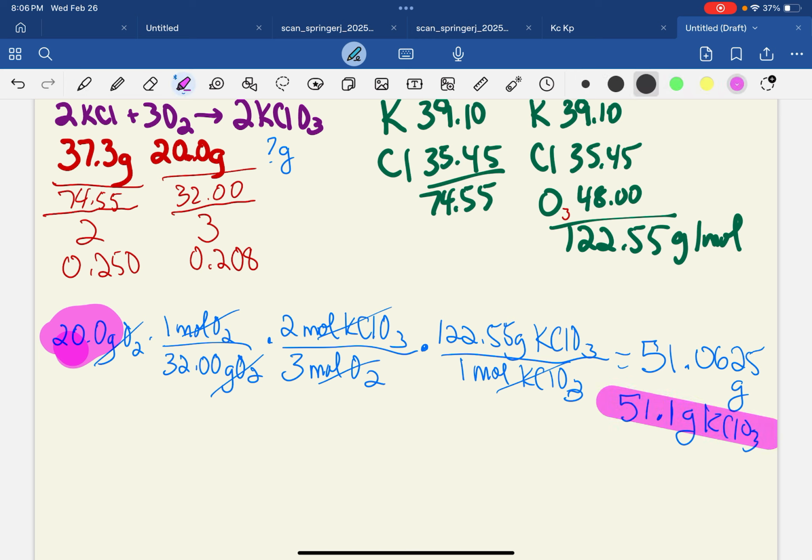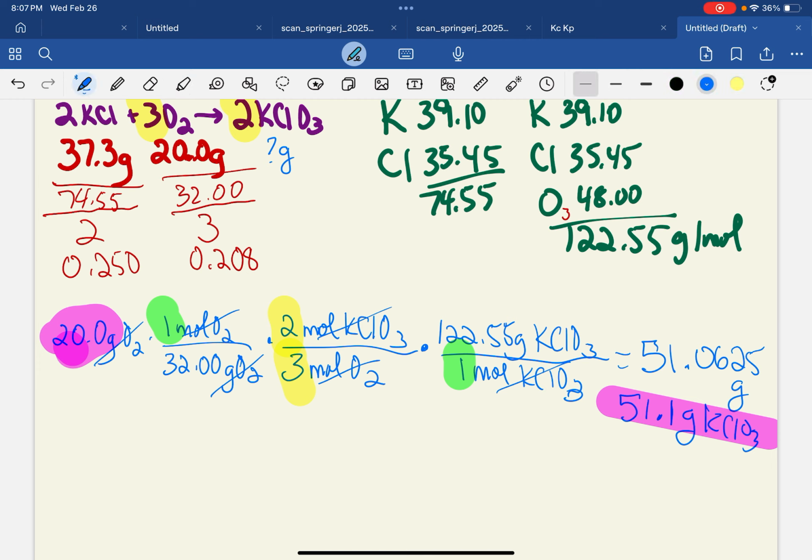Okay. So, what do I want to point out here? Just a reminder, that's always 1, that's always 1. And these numbers are from the balanced equation. That's why we have the balanced equation. We use that in the mole ratio step 3 in the process. So that's 51.1 grams, the theoretical yield, or theoretical mass.